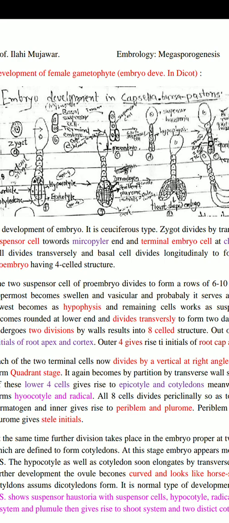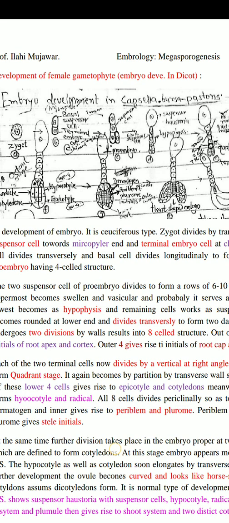How does the cotyledonous structure develop in angiospermic plants from the zygote? We already discussed the process of fertilization and zygote formation in the previous lecture and previous video.